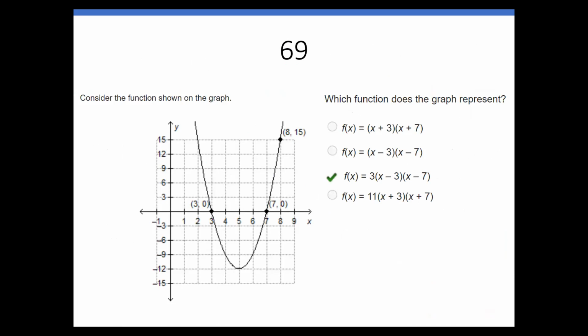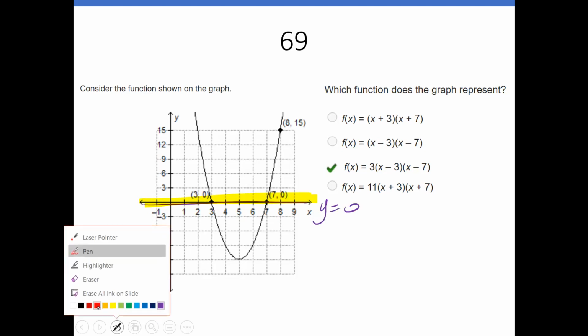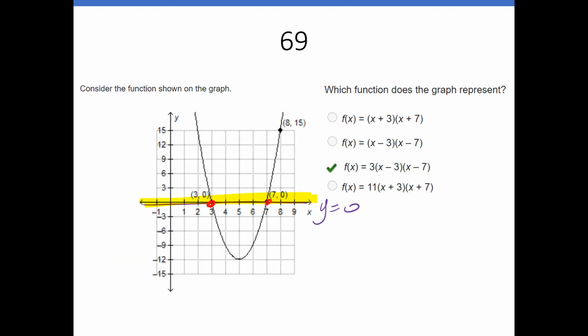Well, let's see, where does this graph touch this x line, or y equals 0 line? The line I'm talking about, you guys, is this yellow line right here. At this yellow line, you have y is equal to 0. So where does it touch? The first one that I have here is 3. What's the second one? 7.